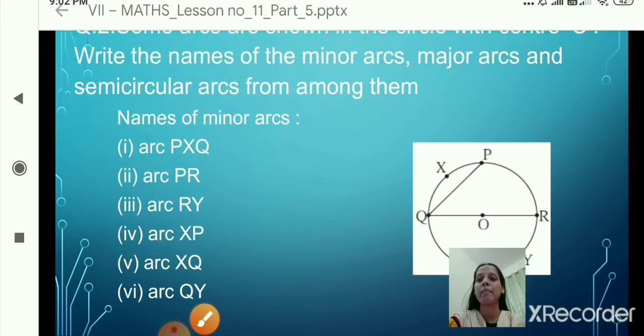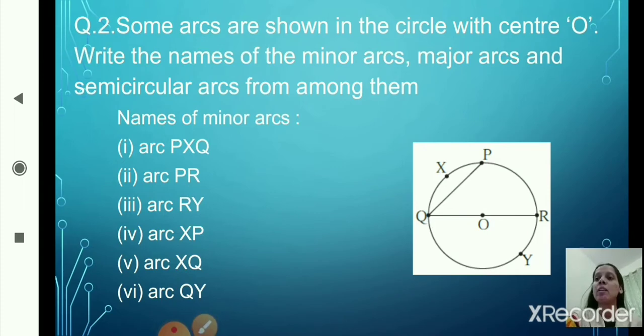This is question number 2. Some arcs are shown in the circle with center O. Write the names of the minor arcs, major arcs and semicircular arcs from among them. Now as you can see here in the circle the arcs are given. We will write down the names of minor arcs, major arcs and semicircular arcs.